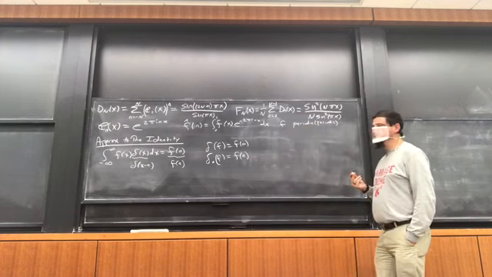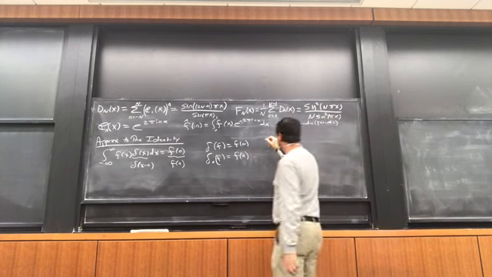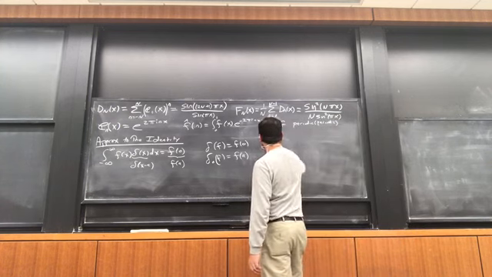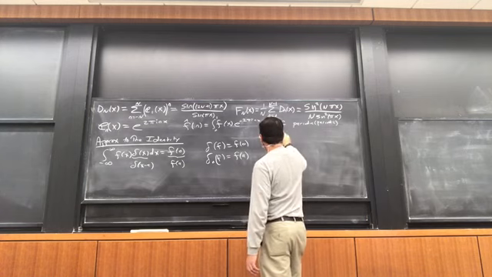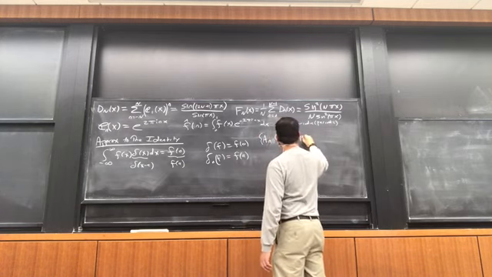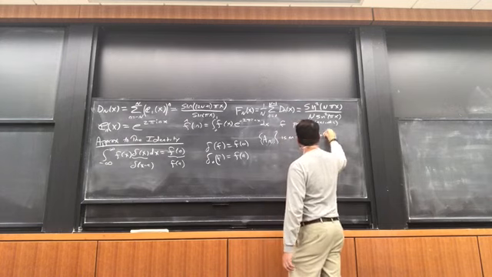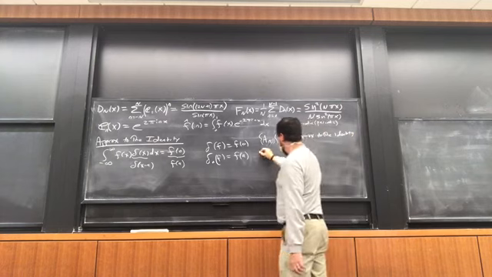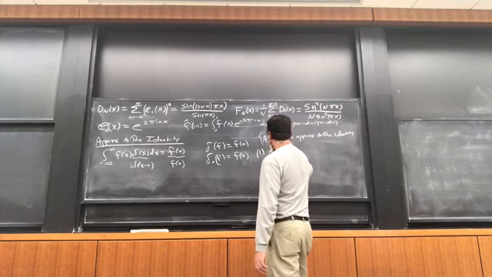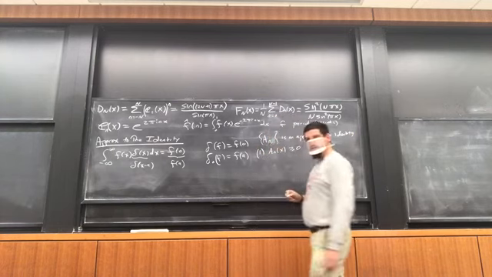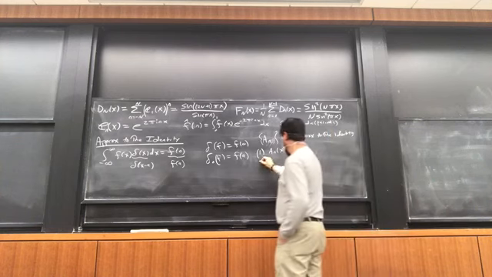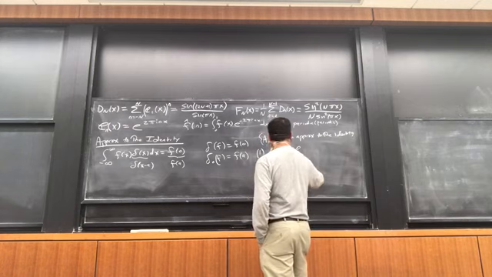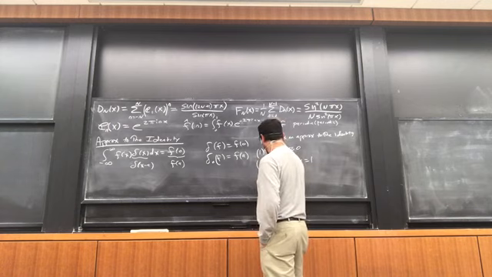So an approximation to the identity has three properties. A sequence a_n is an approximation to the identity if the following hold. a_n of x is greater than or equal to 0. The integral of a_n of x dx equals 1.